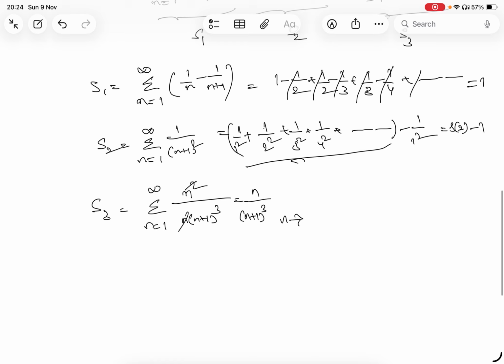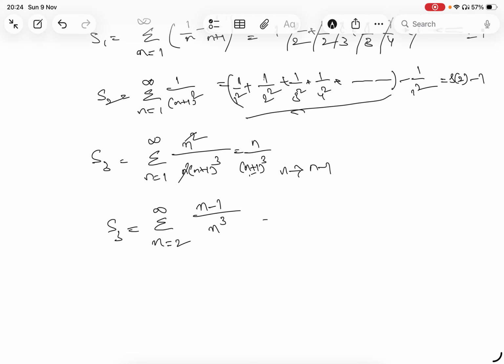Now let's consider n goes to n minus 1. That means if the old n equal to 1, then the new one will be 1 plus 1, which is 2. So S3 equal to summation n equal to 2 to infinity, n goes to n minus 1, right? Then this will be n minus 1 by n, with n going to n minus 1. Then this will be n minus 1 plus 1. Minus 1 plus 1 will get cancelled. Then this will be n cube.